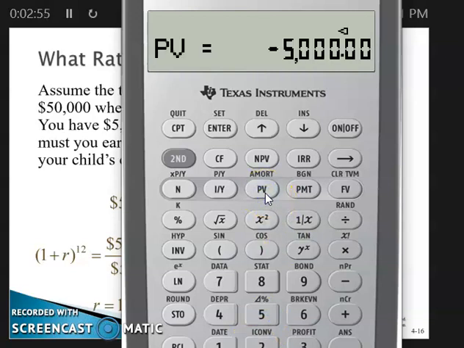Any outflow, whether it be a payment or an investment, is entered as a negative. There aren't any payments, so our payment is 0, and then our savings goal is $50,000. Then all we have to do here is compute IY, and it's 21.15%. If this were a monthly compounding calculation, our result would be a monthly rate, and we'd have to annualize that, multiply it by 12.